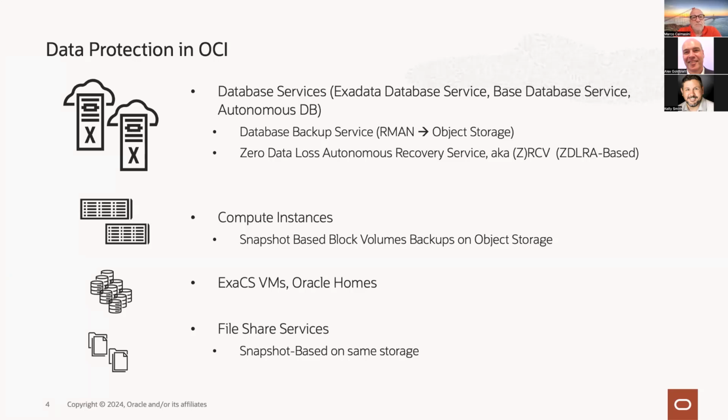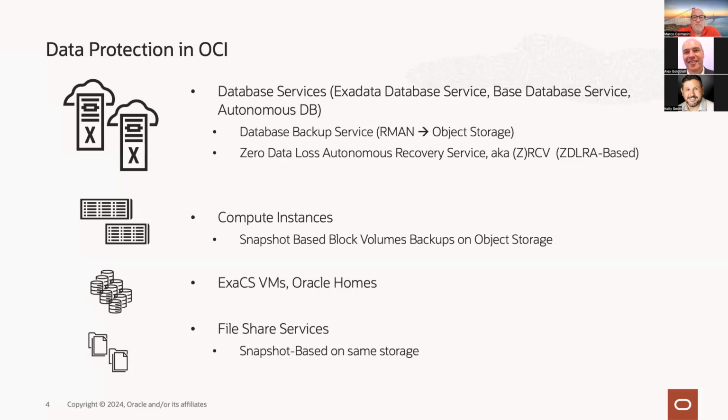In that case, the data protection capabilities in OCI are based on the block volume service. So you can schedule snapshot-based, image-level backups of compute instance volumes that are sent to object storage. This is not centralized. It can be scheduled, but it must be managed individually on each compute instance.